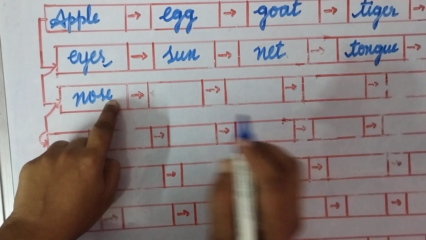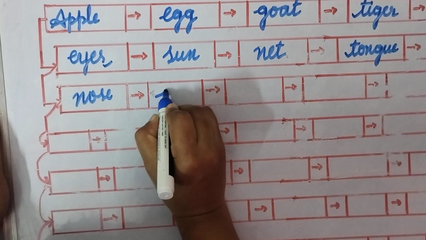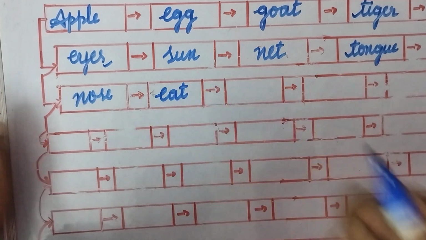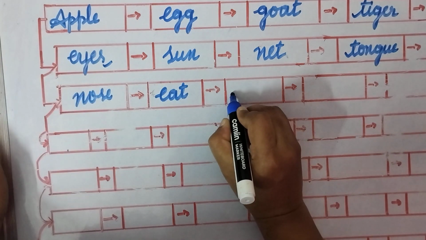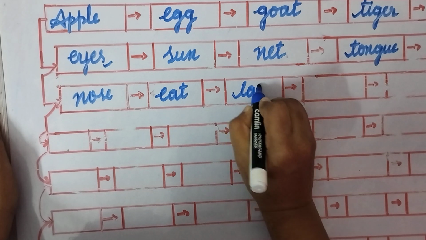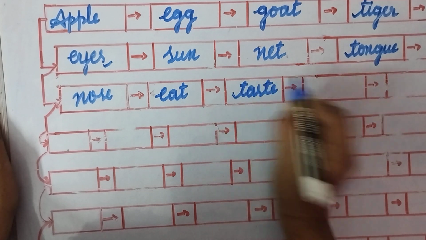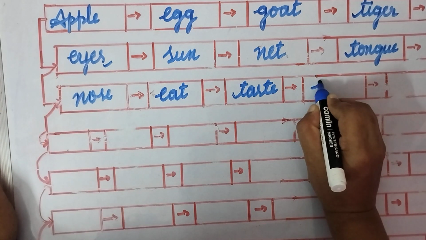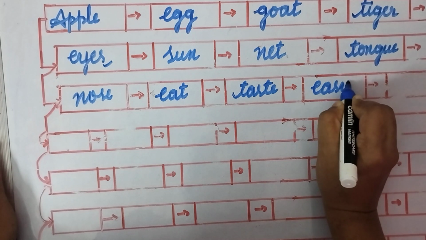Again E. E for eat, E-A-T, eat. Next, T for taste, T-A-S-T-E, taste. Again E. E for easy, E-A-S-Y, easy.